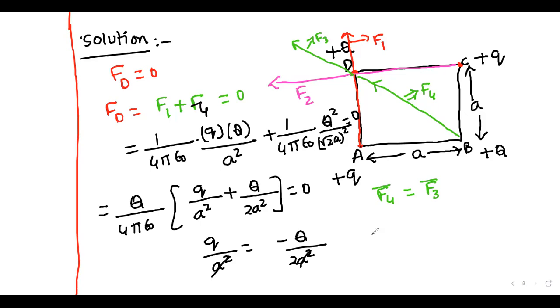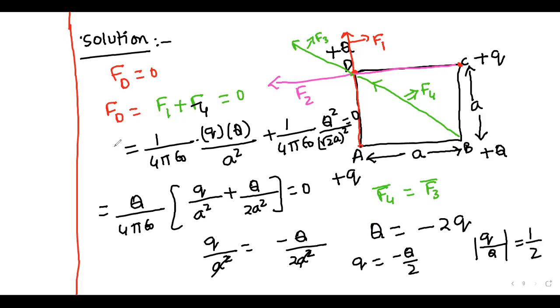So capital Q equal to minus 2q. So magnitude of q means minus Q by 2. They asked to find modulus of small q by capital Q, that is nothing but 1 by 2. That is the first bit.